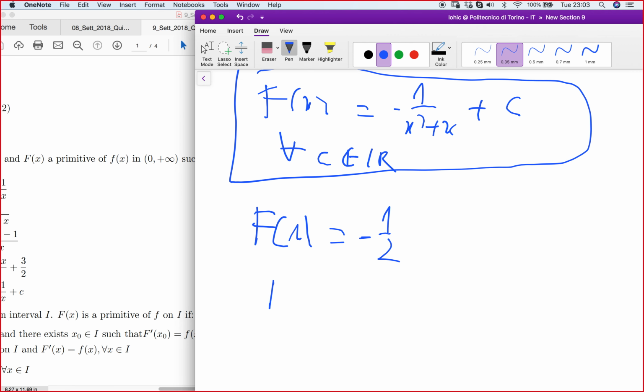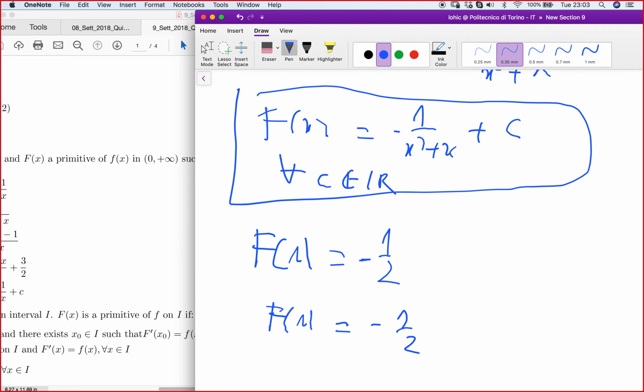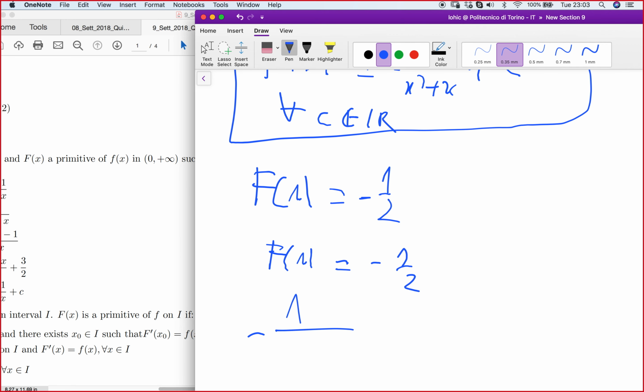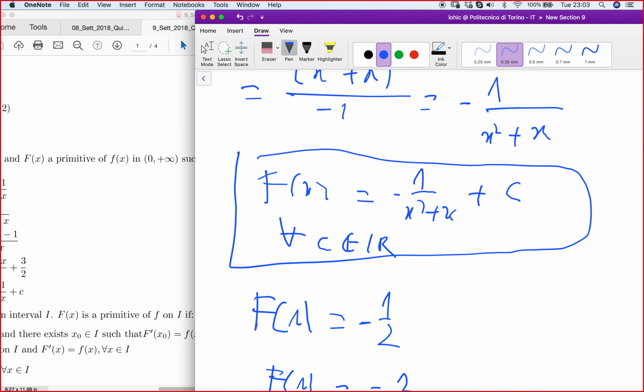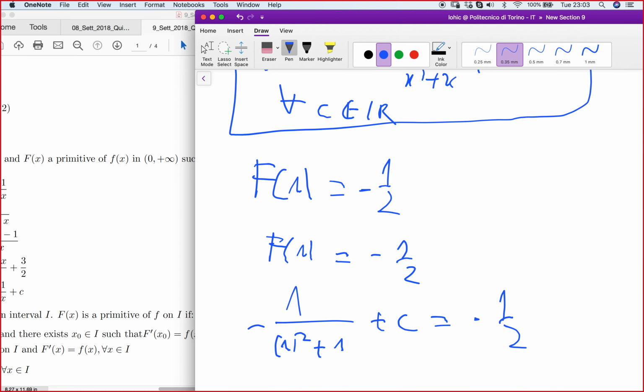So I go and plug in. F of 1 equal to minus half means that, what is F of 1? Minus 1 over 1 squared plus 1, plus c, should be equal to minus half, yes or no? I plug in x, this is F of 1, doubts?